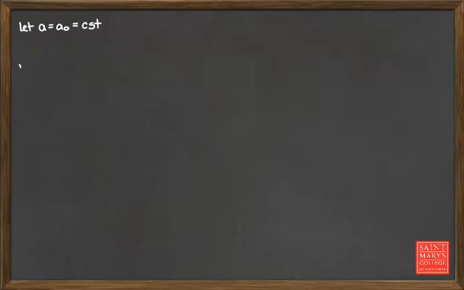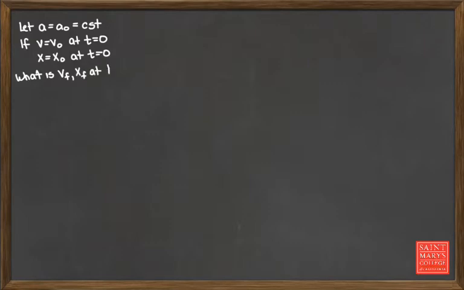So in that case, if v equals v0, or some initial velocity at t equals 0, and the position of the particle is some initial position at t equals 0, what is the final velocity and the final position at some later time, which I'll say is t sub f?